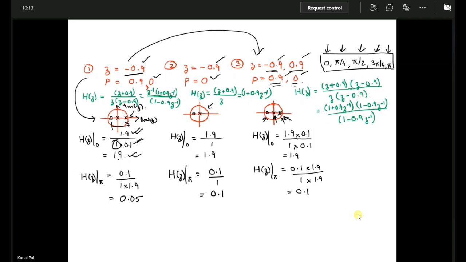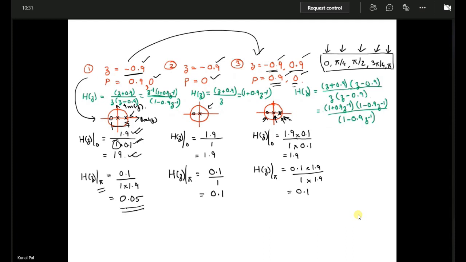So the gain of the first filter at DC frequency comes out to be 19. Okay. On the contrary, if we calculate the gain of the filter at pi, it comes out to be 0.1 divided by 1 multiplied by 1.9. Okay. So it comes out to be 0.05.